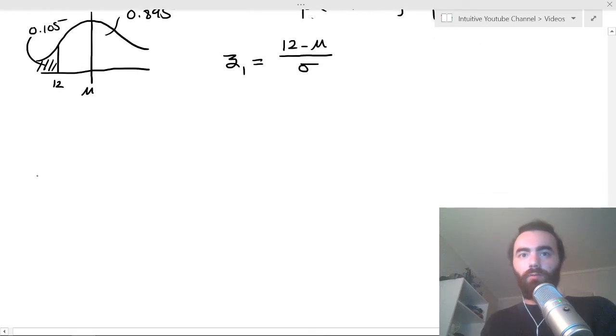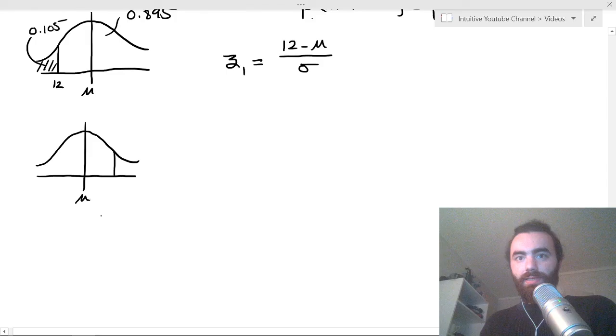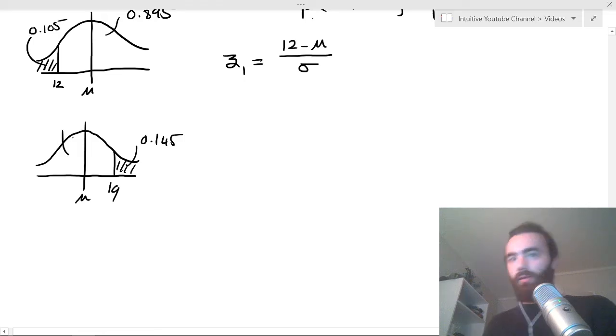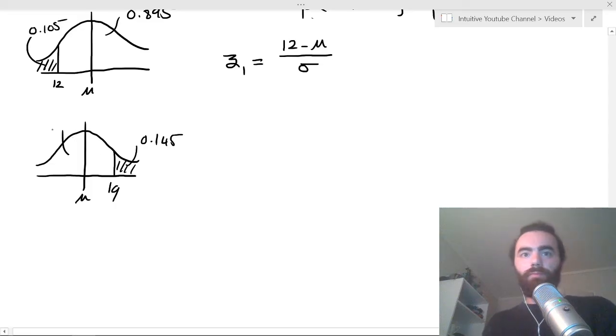And then we can look at the other one. So I'm using a similar procedure as the previous question. So when it's greater than 19, this is 0.145. So that means this area is 1 minus 0.145, so that's 0.855.